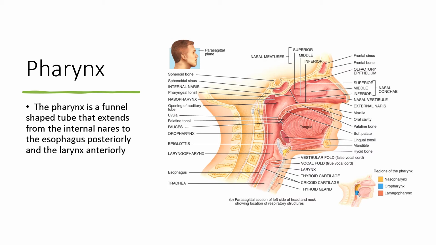Now, when food is first swallowed, it passes from the mouth into the pharynx. We've already talked about the pharynx in the respiratory tract, but again, the pharynx is a large structure, only about 5 inches long, moving from the internal nares in the nose down to the esophagus and larynx on the posterior side.